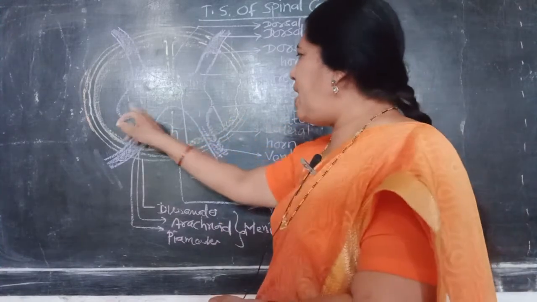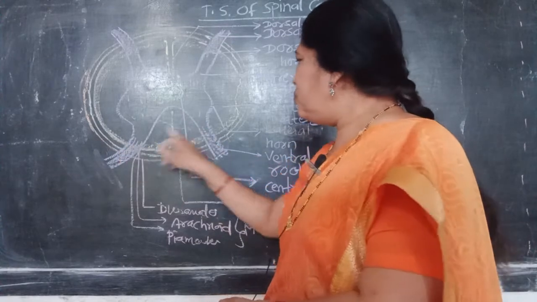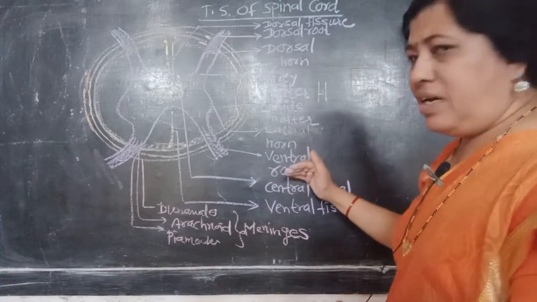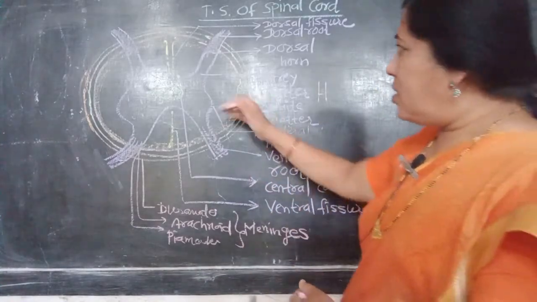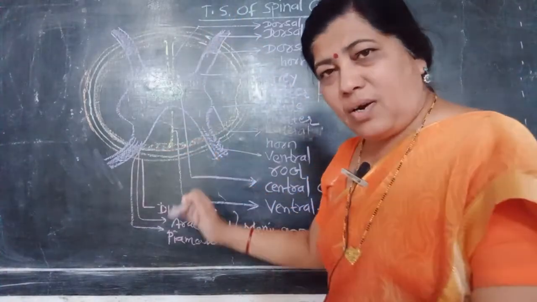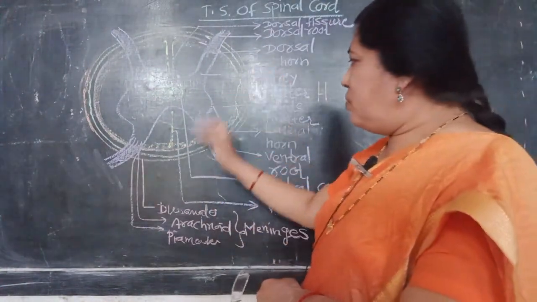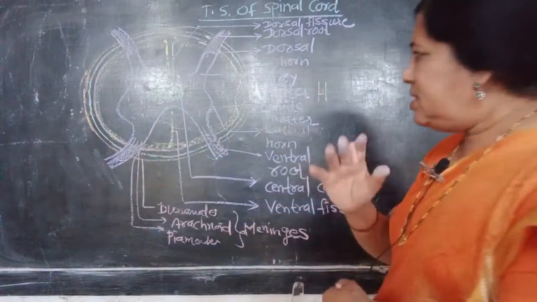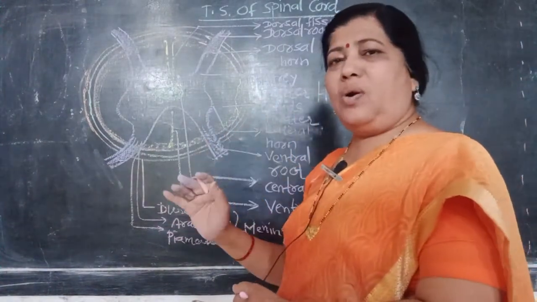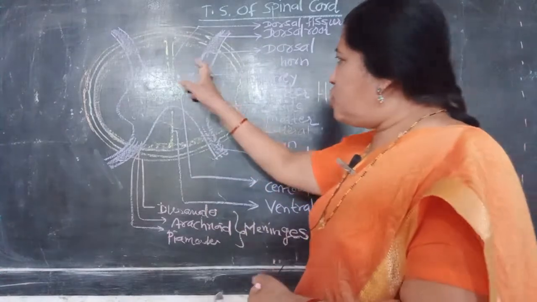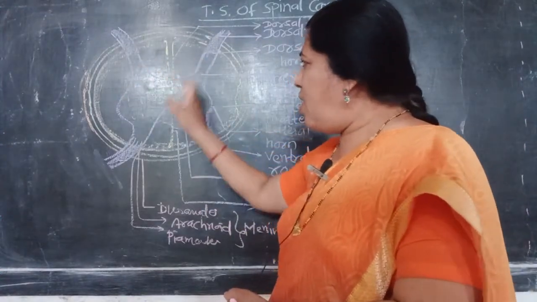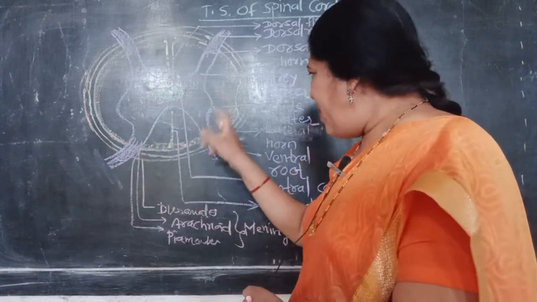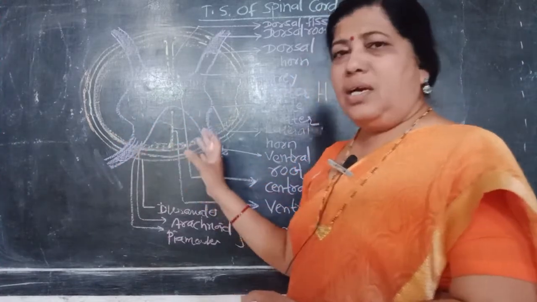So these are two lateral horns and these are two ventral horns. Dorsal or anterior, ventral or posterior. So the grey matter of spinal cord is divided into 6 horns: 2 dorsal or anterior horns, 2 lateral horns, and 2 ventral or posterior horns.